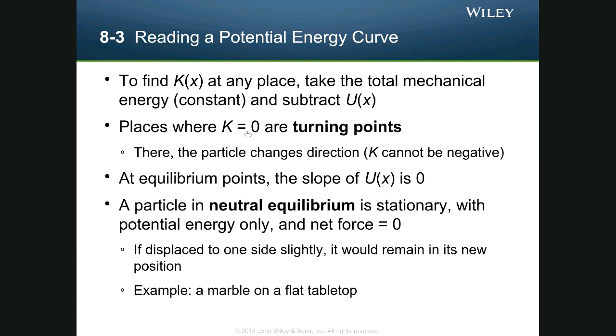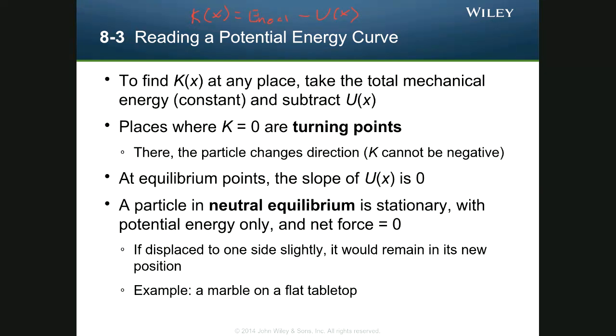Let's write that equation up again so we can see it. Again, we're going to keep in mind that k of x equals E mech, which is constant, minus u of x, right? So we can just subtract the u of x part.